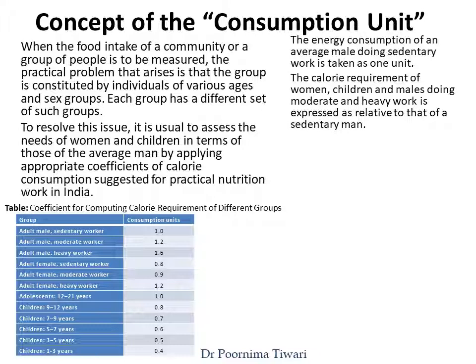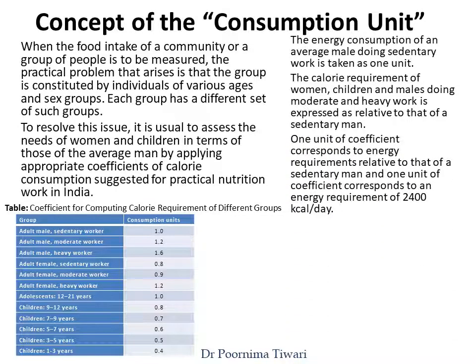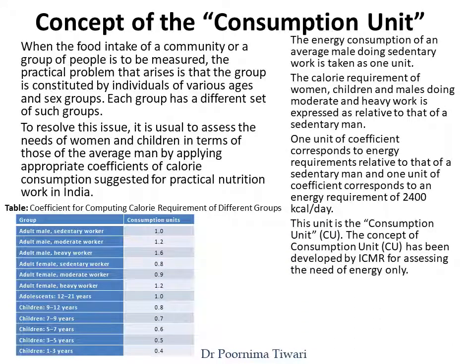So we can calculate the total number of consumption units in the family. Now it is said that 1 unit requires an energy of 2400 calories per day. The original concept of consumption unit was developed by the Indian Council of Medical Research only for calorie needs.